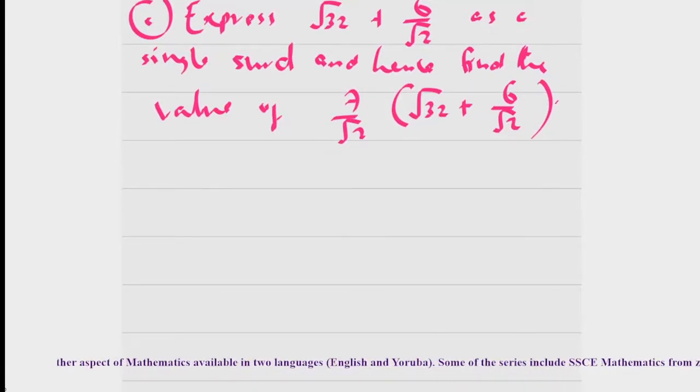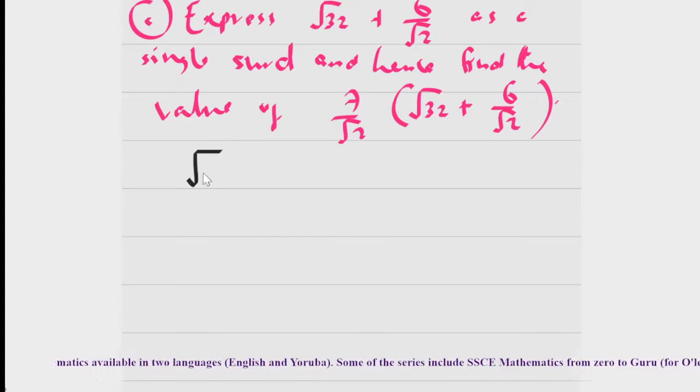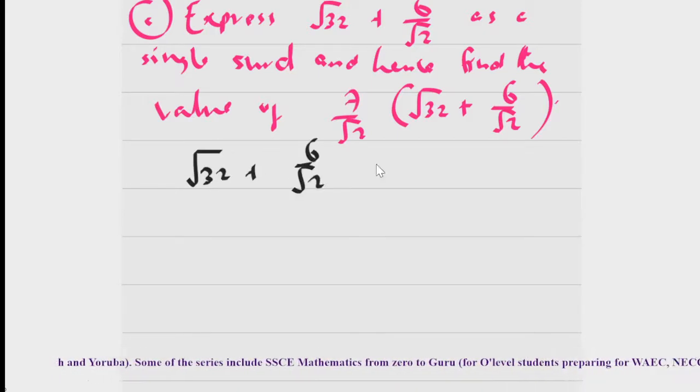So the first question says express root 32 plus 6 divided by root 2. So, okay, let us do this. The first thing we have to do is to see if we can express this in its simplest form.